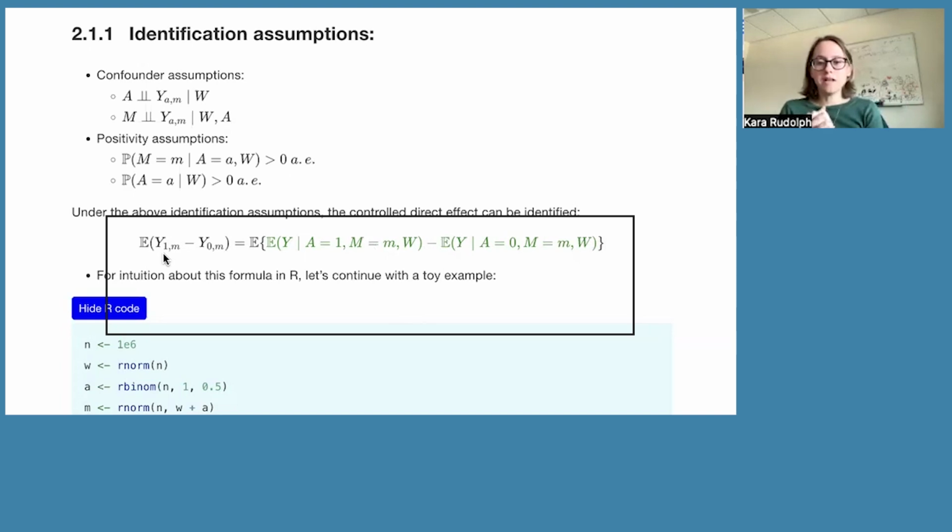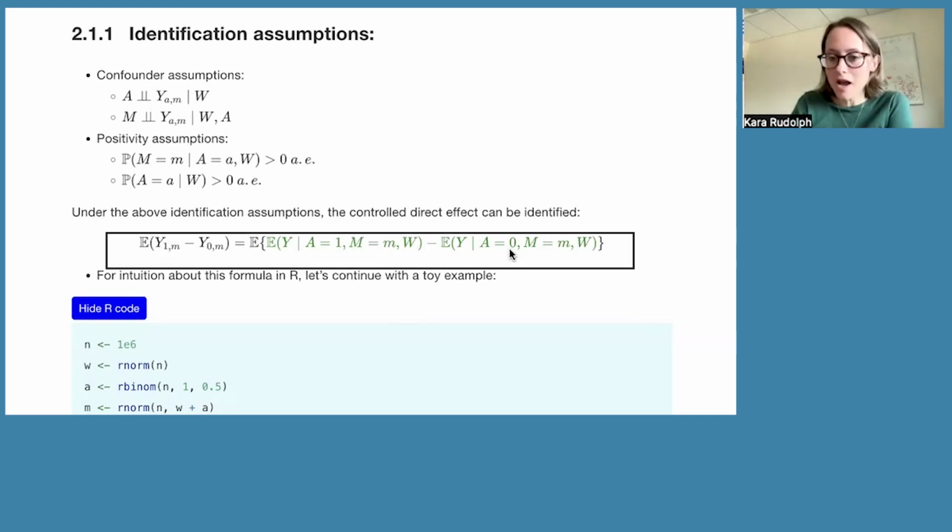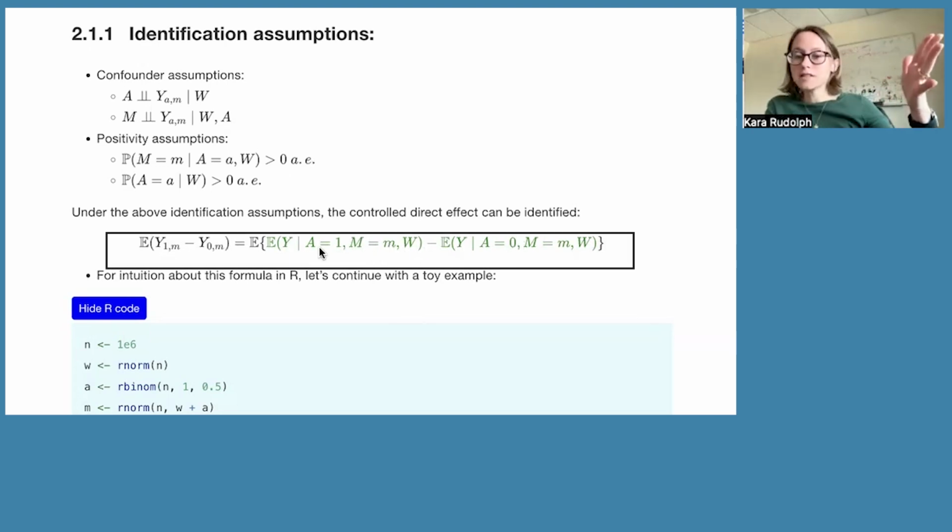Okay, so I'm just going to walk through this really quick. On the right-hand side, we have the expected outcome, just like our regression. Our expected outcome conditional on the past, but contrasting setting A equals 1 versus A equals 0, and having M set to some specified value, little m, for everybody.